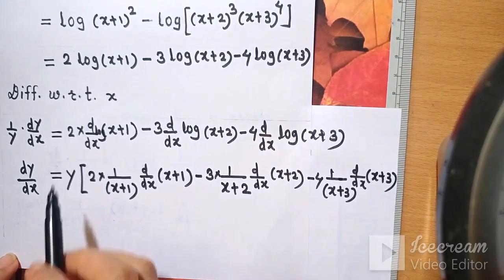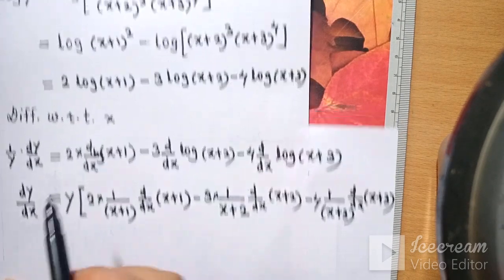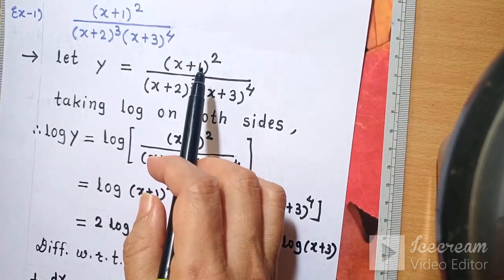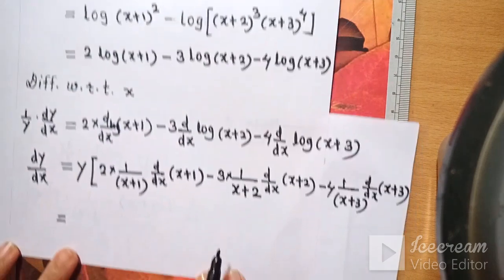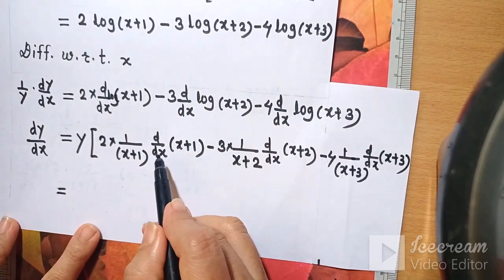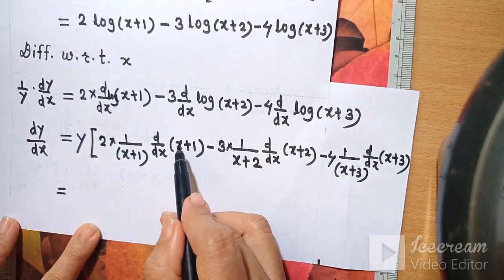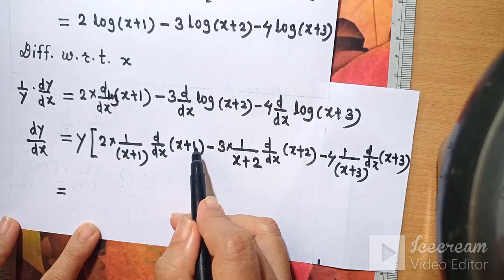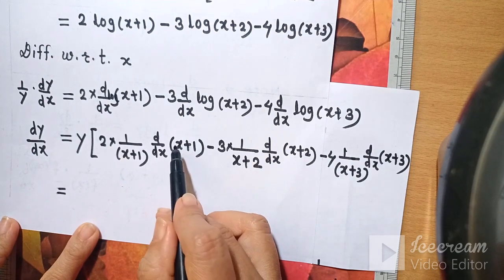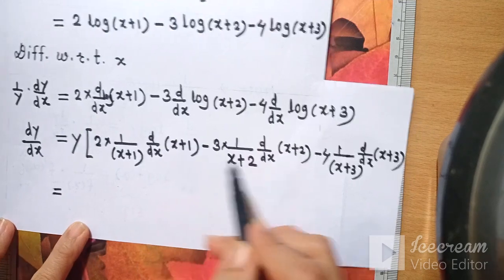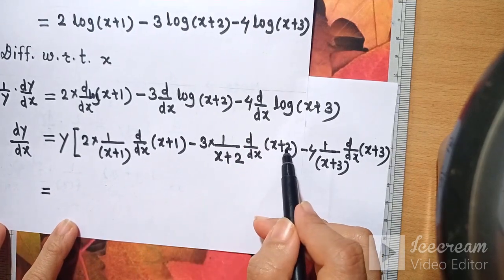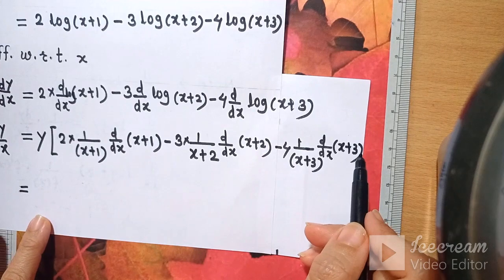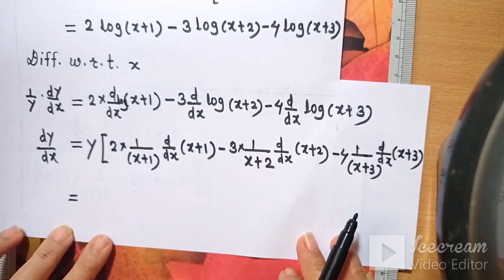Now in the last step, keep the original function of y, this whole function, and check the derivative of x plus 1: the derivative of x is 1 and 1 is constant, so its derivative is 0. So every time 1 plus 0 is 1, here also 1 plus 0 is 1, here also 1 plus 0 is 1, so no need to write 1.